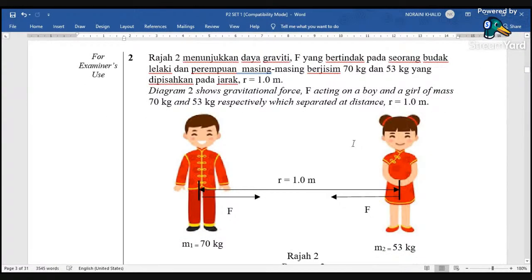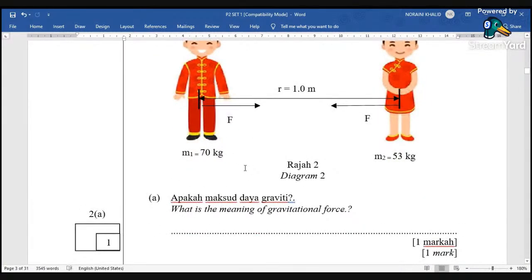Alright, number 2. Diagram shows gravitational force acting on the boy and the girl of mass 70 and 53 respectively, separated distance r 1 meter. What is the meaning of gravitational force?